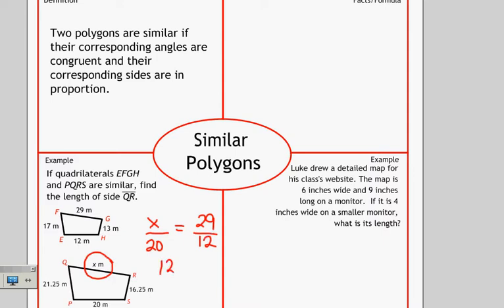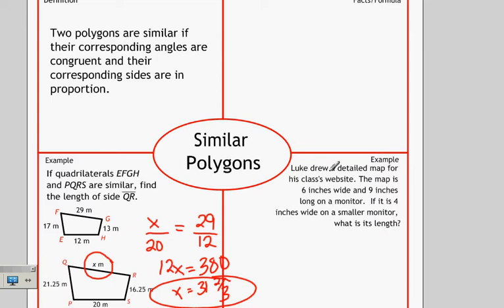Cross multiply, 12 times x is 12x, 20 times 19 is 380. Divide both sides by 12, and x equals 31 and 2/3. On your calculator it's going to be 31.66666. 6 repeating is just 2/3. It's easier to do that. So that's how you do the first one.